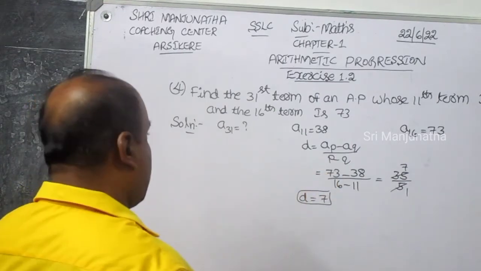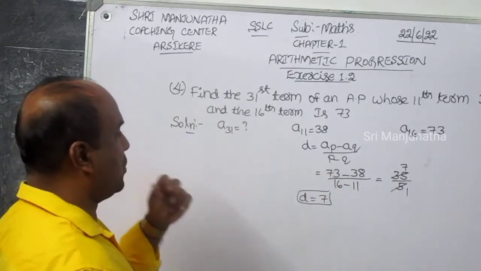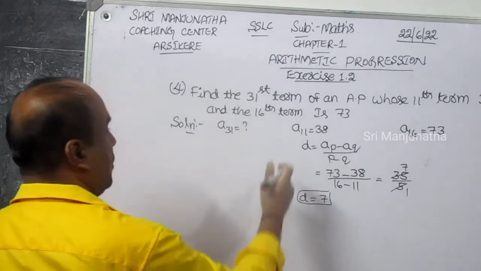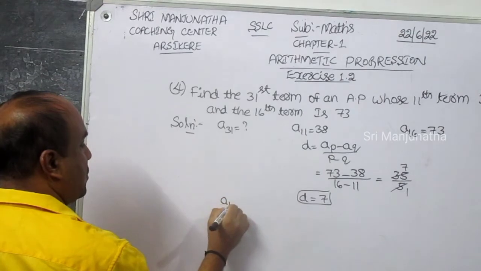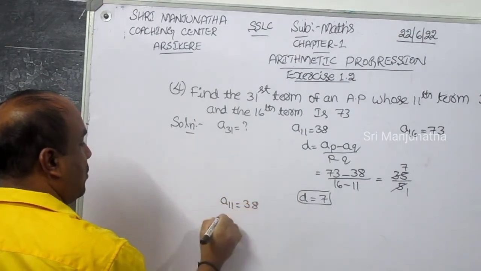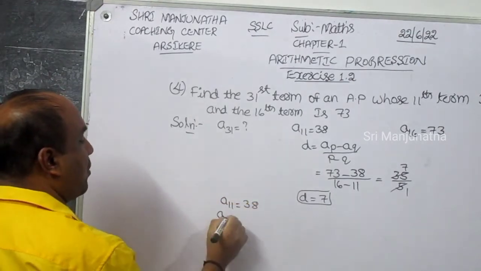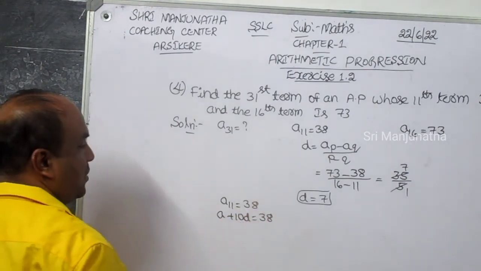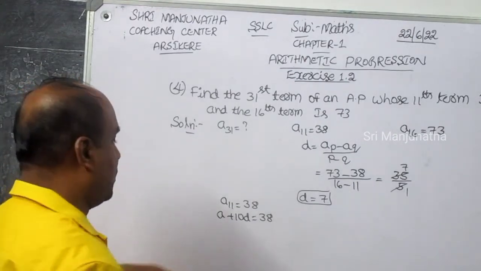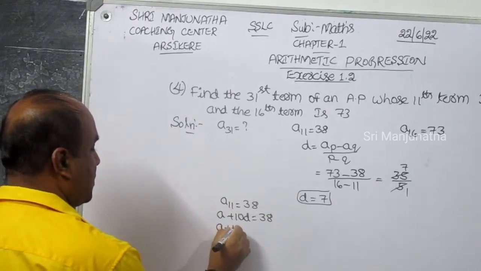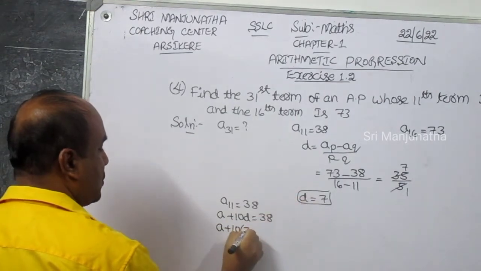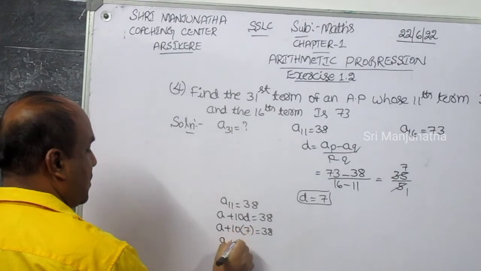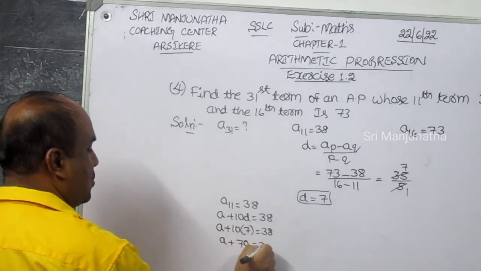Then we have to find out the A value. Take A11 equals 38. The formula: A11 is written in the form A plus 10D is equal to 38. A plus 10 into the D value 7 equals 38. A plus 70 is equal to 38.